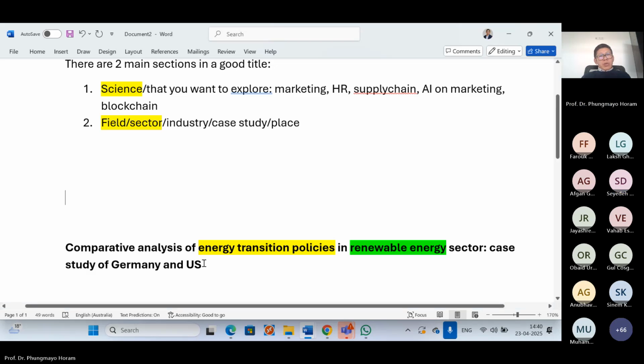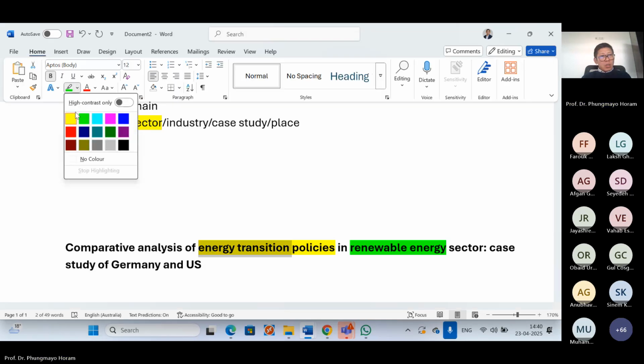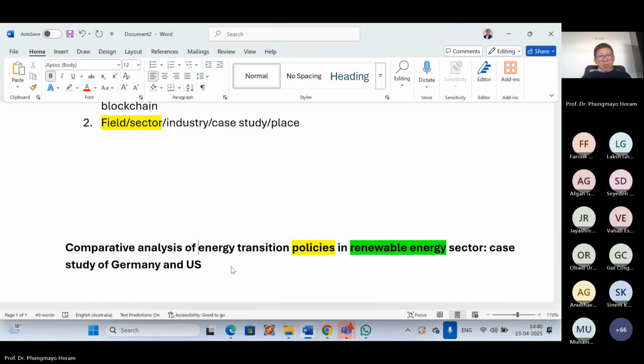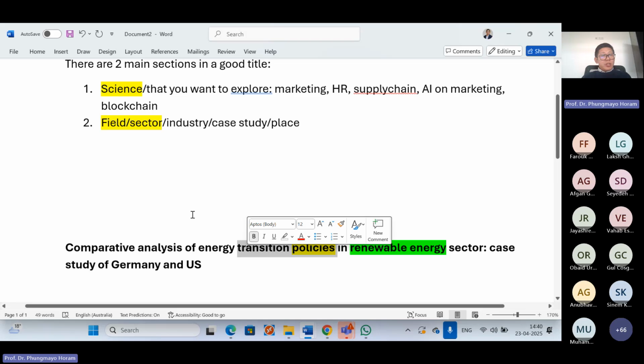All right. So in a way, you are looking at renewable energy. Mainly, you are trying to see how to design policies. So if I were to break down the science, I would say policy design is the main science.